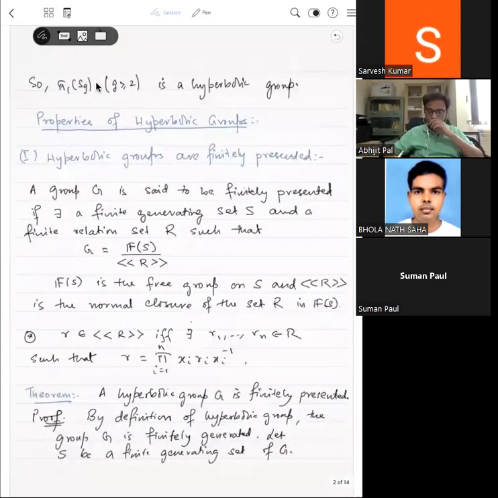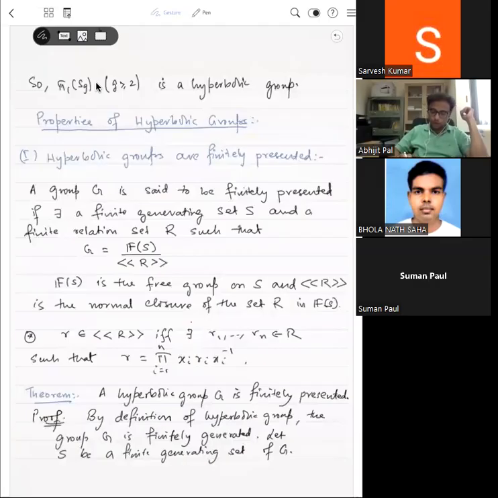Okay, so now let us move to something else: properties of hyperbolic groups. What we are going to show is that hyperbolic groups are finitely presented groups. Let me recall what we mean by finitely presented.